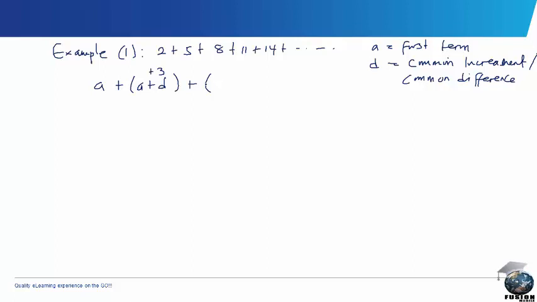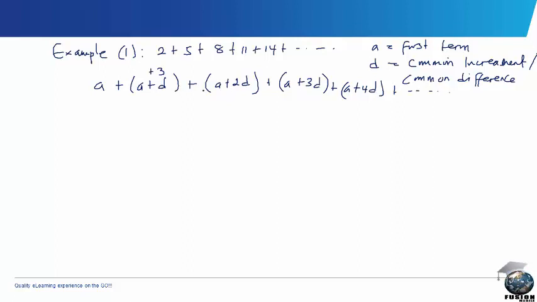So we have a plus 2 times the difference; for the fourth one you add 3 times the difference to a, and for the fifth one you add 4 times the difference to a, and so the sequence continues in that manner.